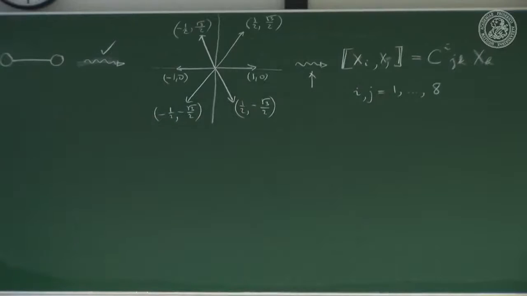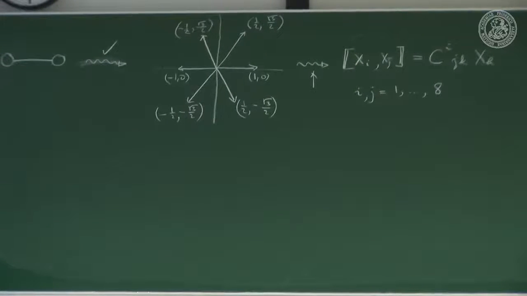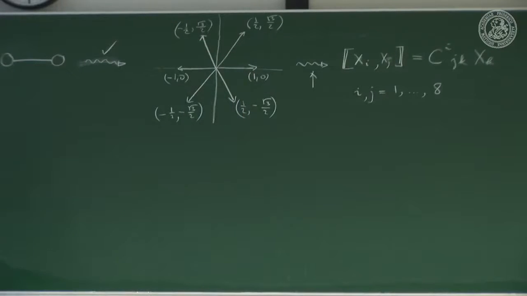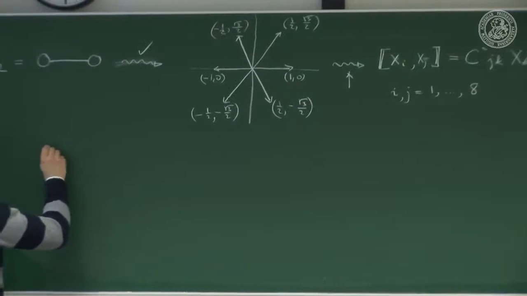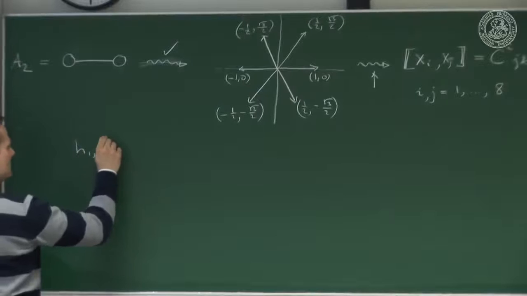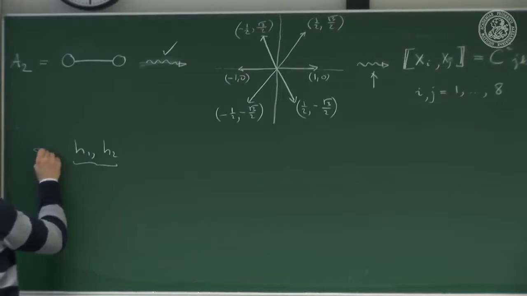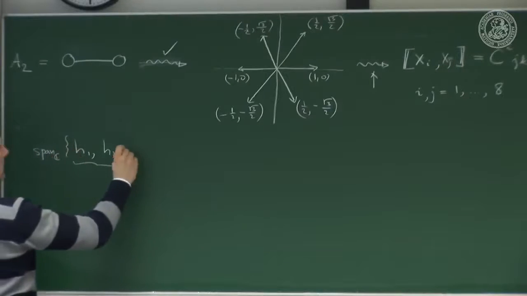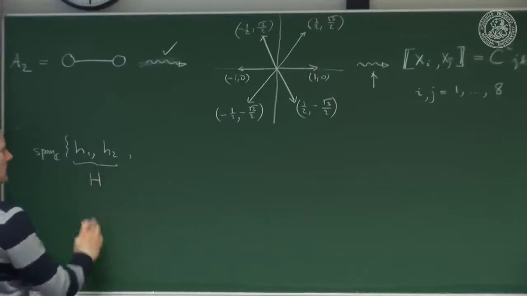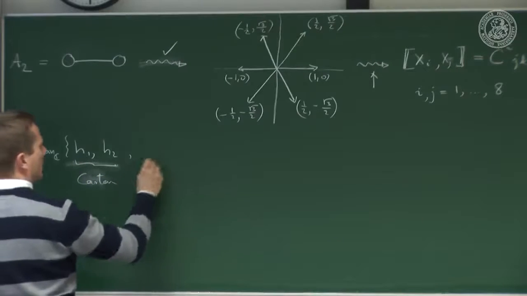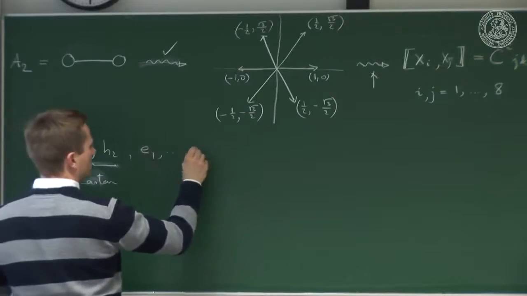Well, one thing we know is this is by construction a simple Lie algebra. We already identified the Cartan subalgebra. It's the one spanned by these two fundamental roots, or where all these roots lie. And so what we definitely know is that we have two of the basis vectors, h1 and h2. They constitute the Cartan subalgebra. So if you write here the span over C, then we have here the Cartan subalgebra spanned. And then we have e1 to e6.